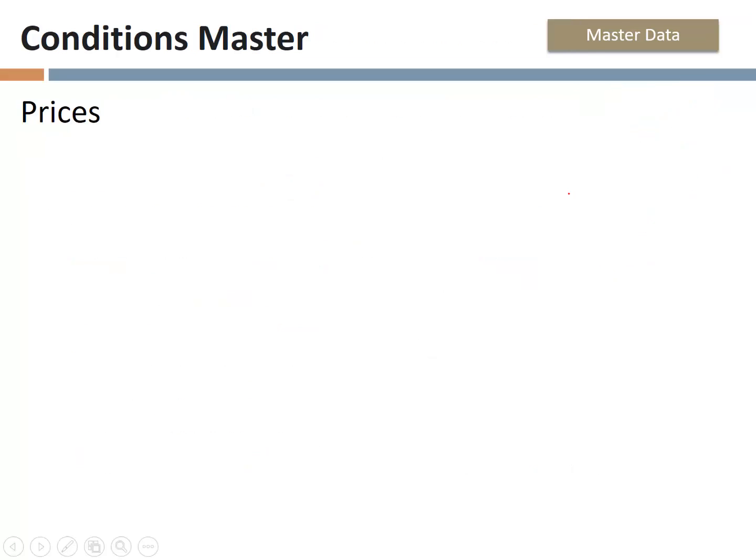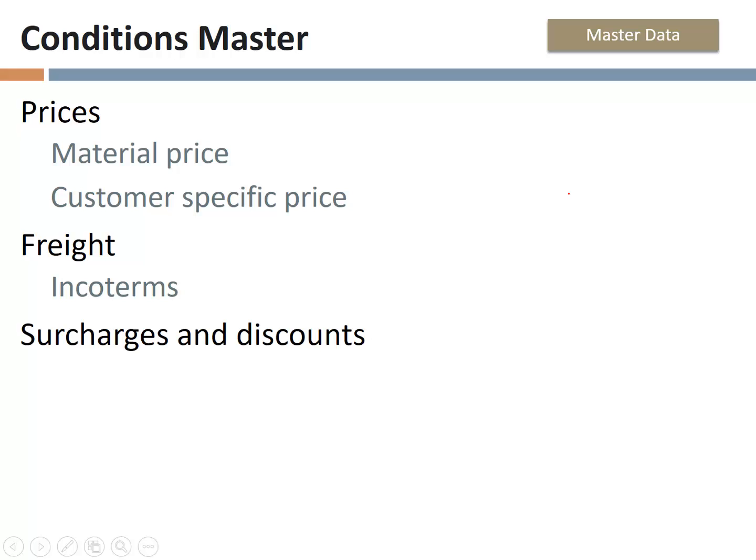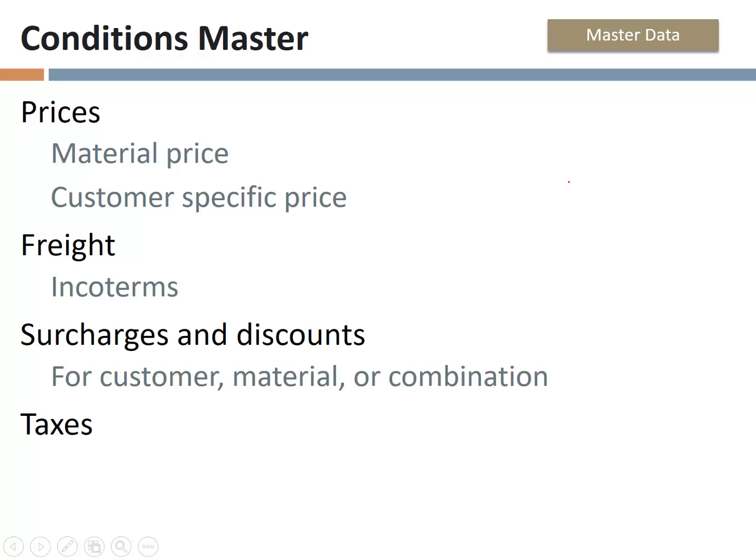Next piece of master data, the conditions master. We've talked about prices before, so we're looking at this now from the perspective of selling it versus buying it. And the idea here, of course, is the conditions master is going to have our prices on it. So what do we sell this for? And this is where we can create very, very detailed, as much or as little as we want, pricing schedules and condition rules.